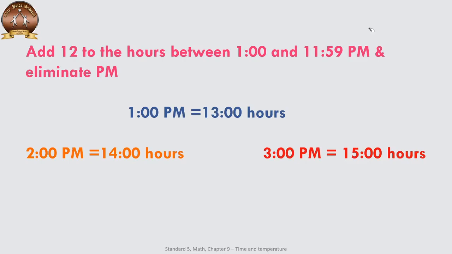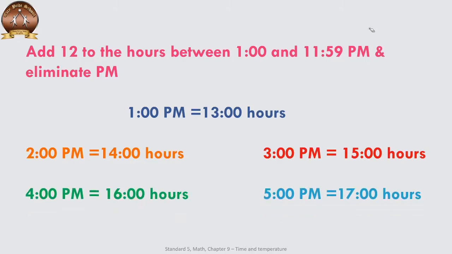Now, how do we convert between the 24-hour clock and the AM/PM clock? Add 12 to the hours between 1 PM and 11:59 PM. We are just talking about PM: we eliminate PM and convert by adding 12. So 1 PM is 1 plus 12, 13 hours. 2 PM is 2 plus 12, 14 hours. 3 PM is 3 plus 12, 15 hours.